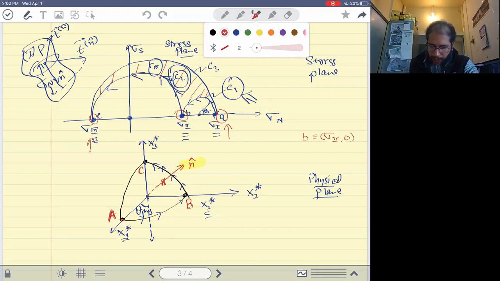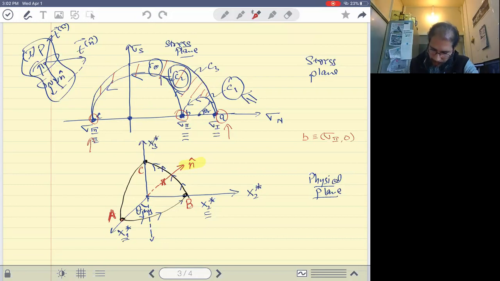Let's say the angle n hat makes with x1 star is phi. So that's the angle n hat makes with the x1 star direction.